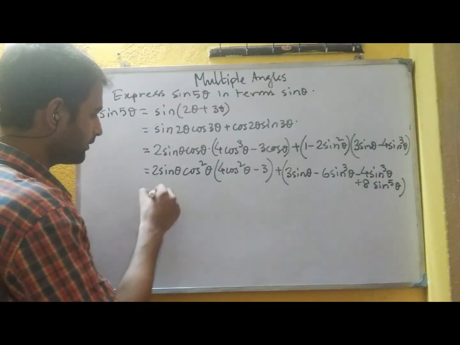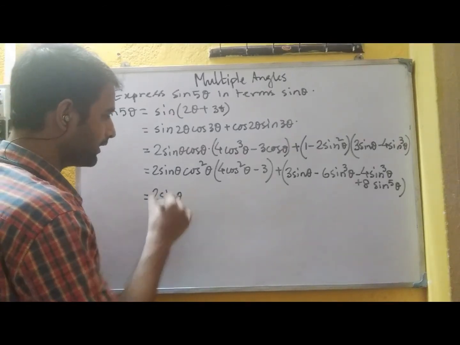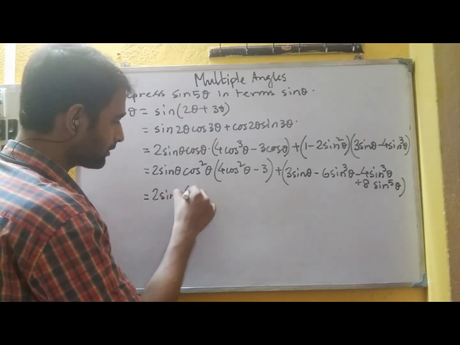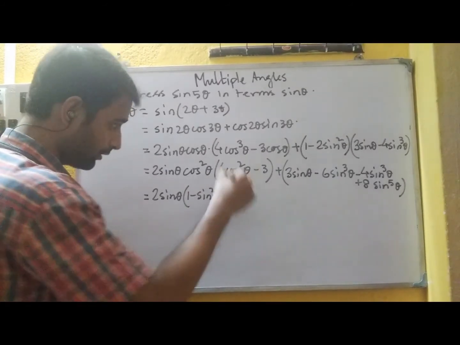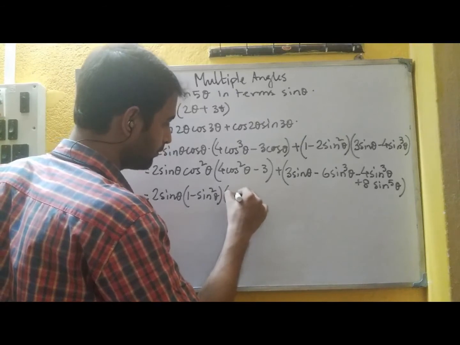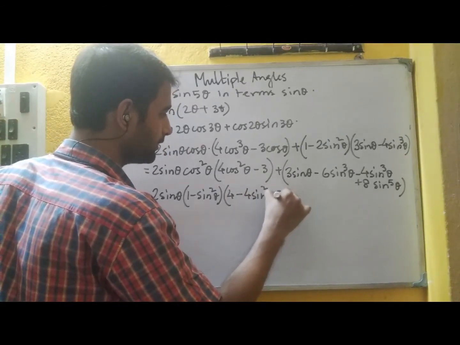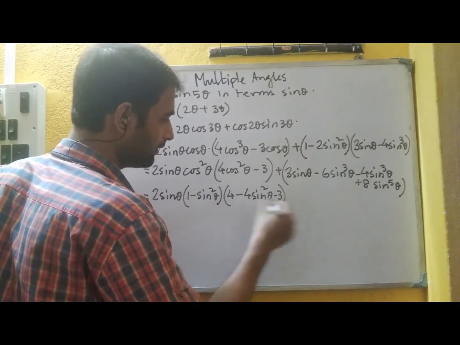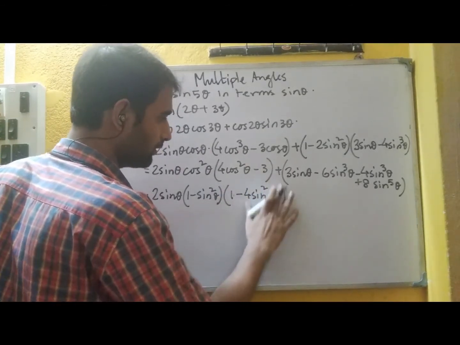See here, for this term we can take sin theta here. For this cos square we can write 1 minus sin square, and for this cos square we can write 4 minus 4 sin square minus 3, and after calculation we can see 4 minus 3 means it's 1.